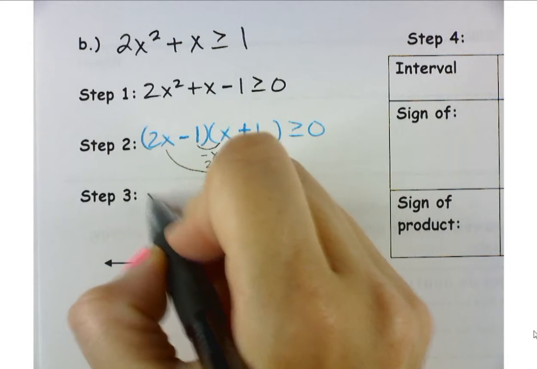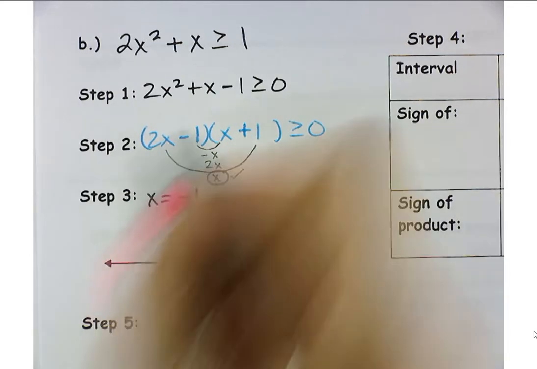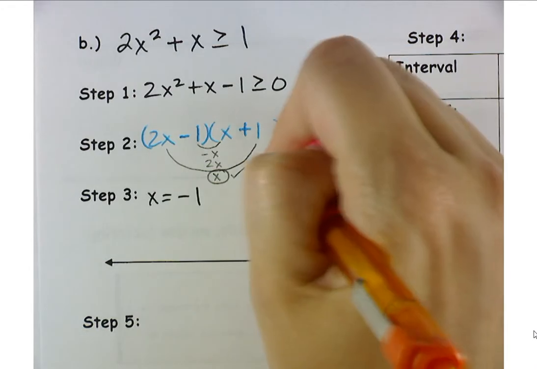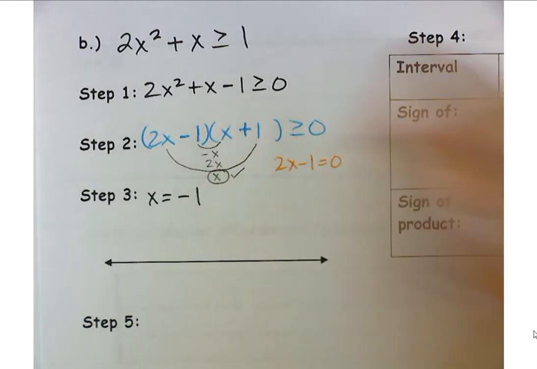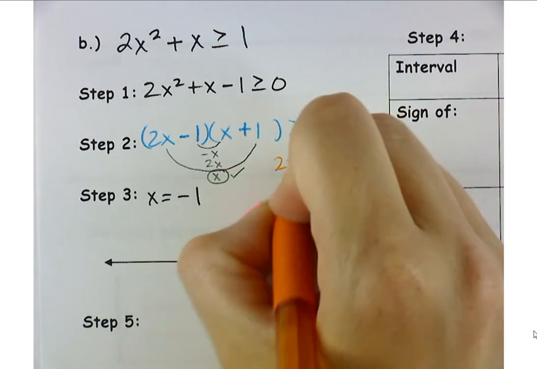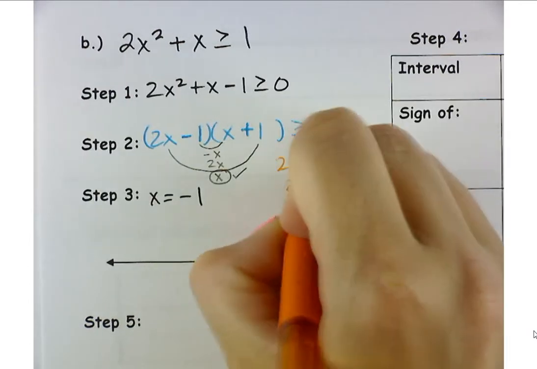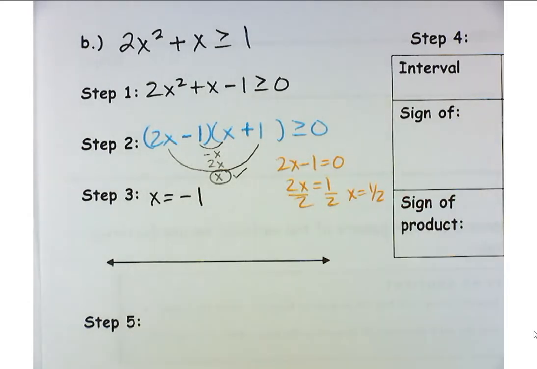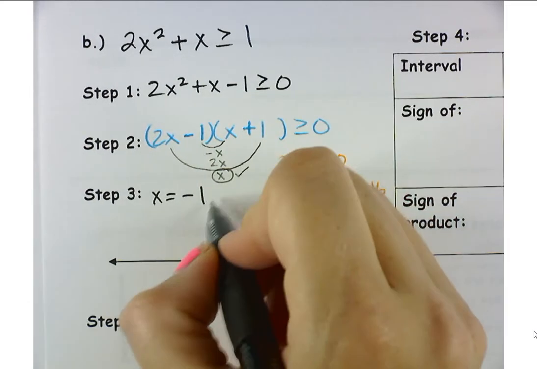But if you cannot tell right away because that one is a little more complex, just go ahead and set 2x minus 1 equal to 0 and then solve. So we'd add 1 to both sides, divide by 2. So x would be 1/2. So my two values would be negative 1 and 1/2.